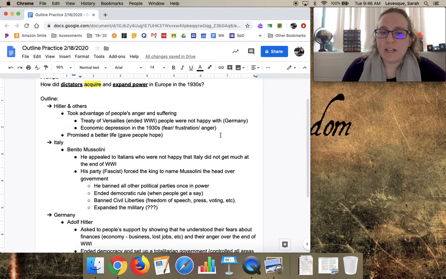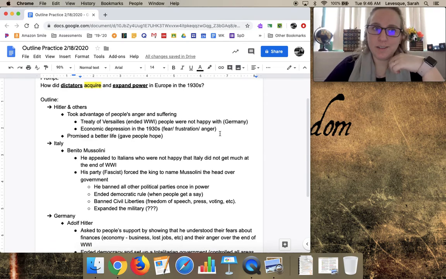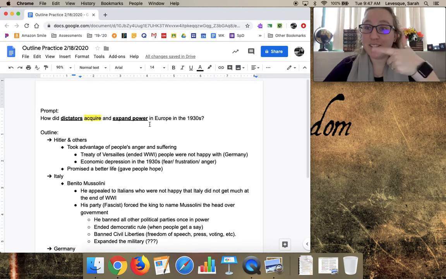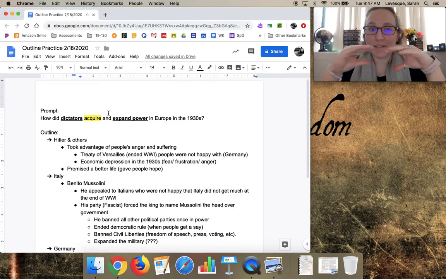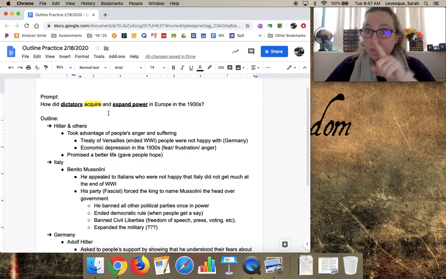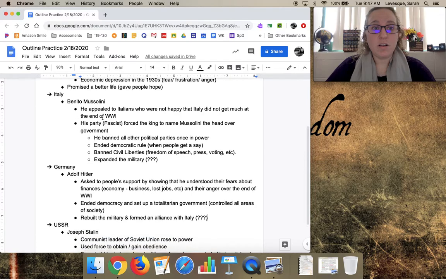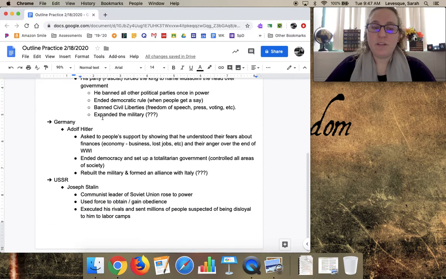For me, I like to go through my notes and go, okay, what are things that all of these people did? Well, they were all dictators and they all expanded power. I can use my writing prompt to come up with my topic sentence. And then once I have my claim, I'm going to go through all of my notes and figure out what information I can use to support my claim.